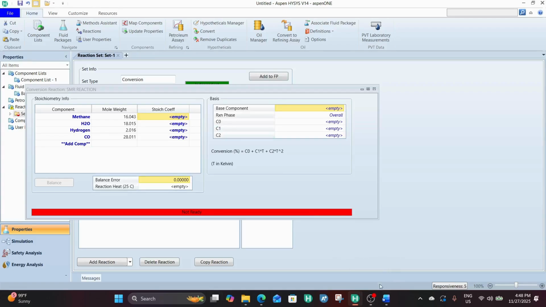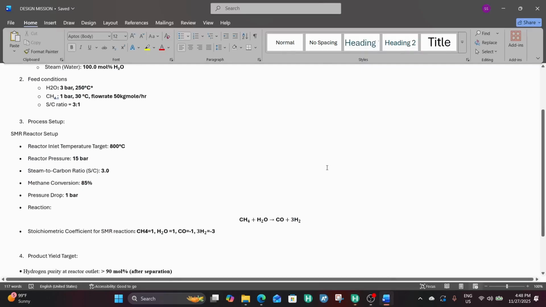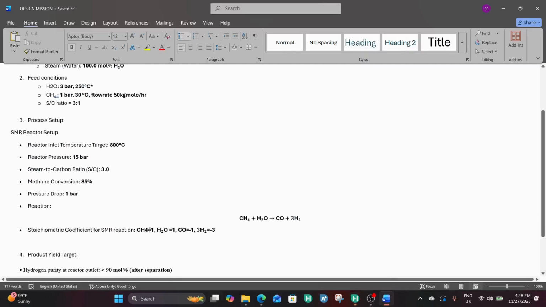For the stoichiometric coefficient, we're having 1, 1, -1, -3, and it stems from our reaction. The stoichiometry stems from our given reaction. So we're having 1 and 1 on the left hand side, and for the right hand side, we're having -1 and -3 to balance up the whole reaction.